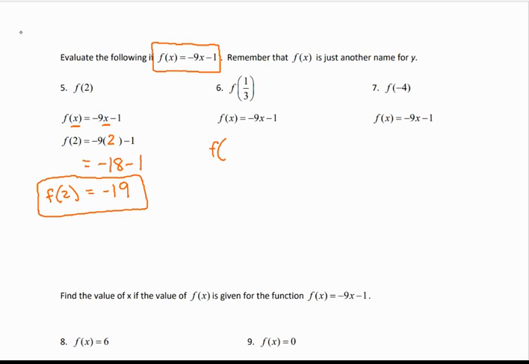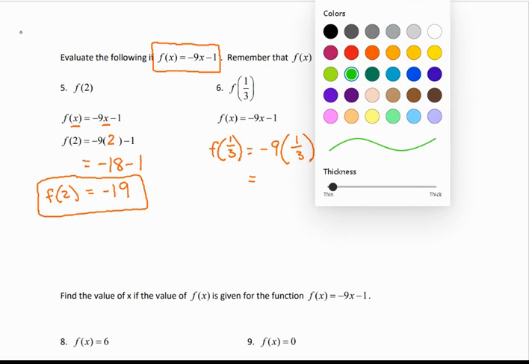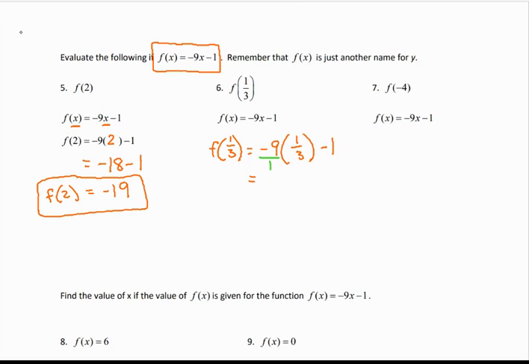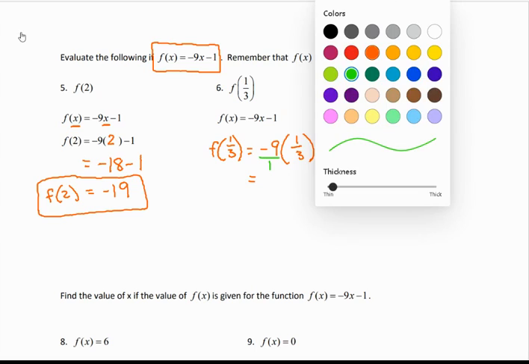So where I see an x, we're going to plug in 1/3. Is everybody clear on the plugging in part? And then we just perform the order of operations. Again, only on the right-hand side.